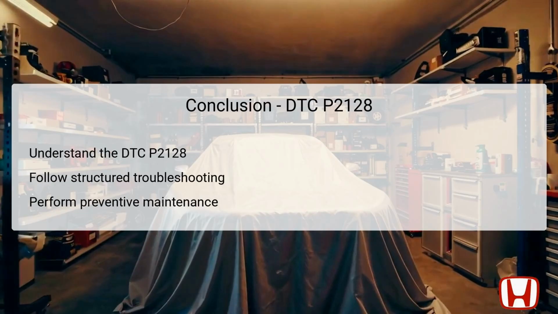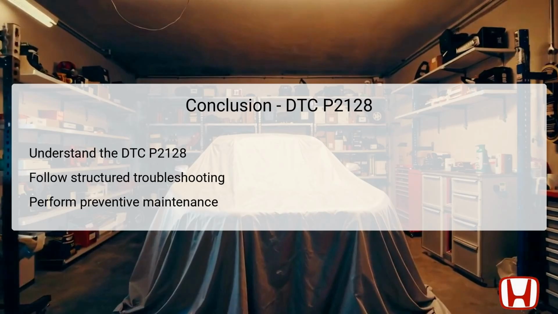In conclusion, the DTC P2128 highlights an important issue related to the APP sensor B and circuit high voltage. Understanding the nature of this trouble code, including its causes and symptoms, allows for effective troubleshooting.